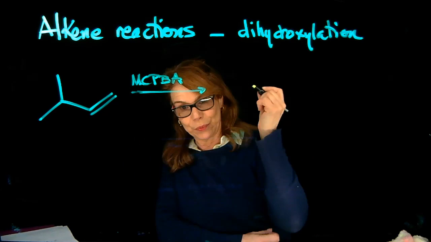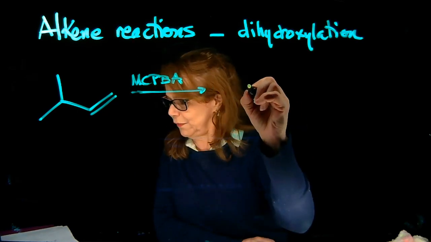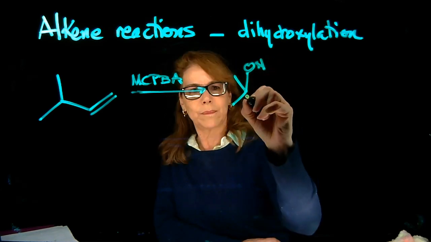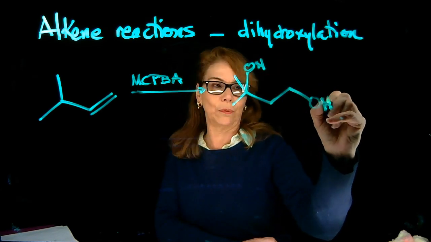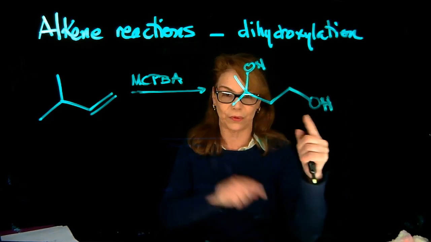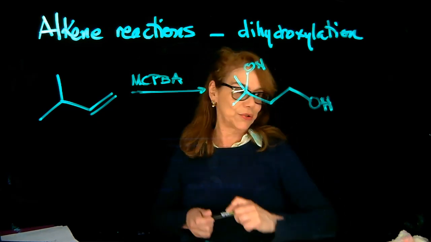But the problem is asking me to explain the formation of the following product. So notice, well, yes, it's a diol, but it's not 1,2 like the other example. There the two OHs were added in the two positions where we have the double bond.